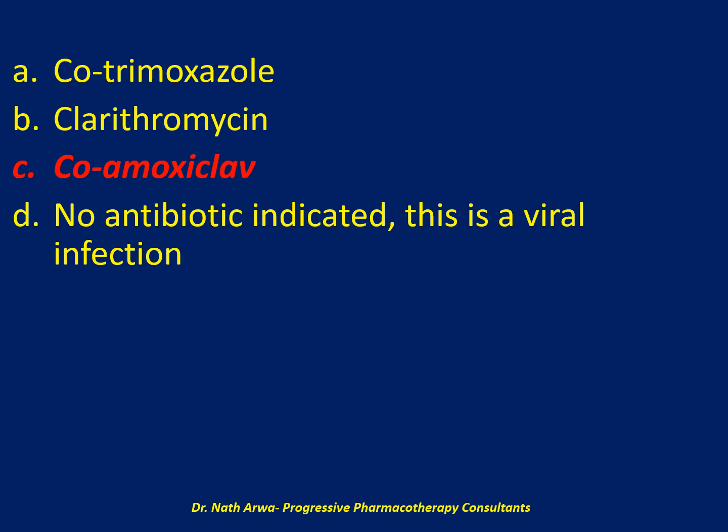I would also remind you that 30 to 40% of Haemophilus influenzae isolates are resistant to cotrimoxazole. So Bactrim would not be a good choice. That rules out A, B, and D. The correct answer in this question therefore becomes co-amoxiclav, alternative C.